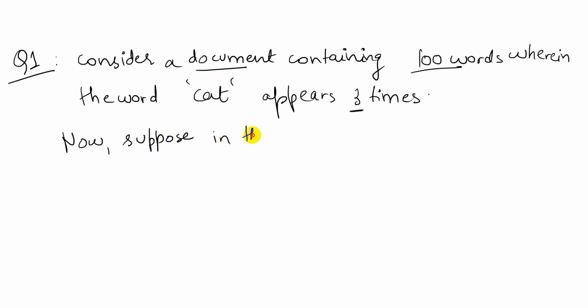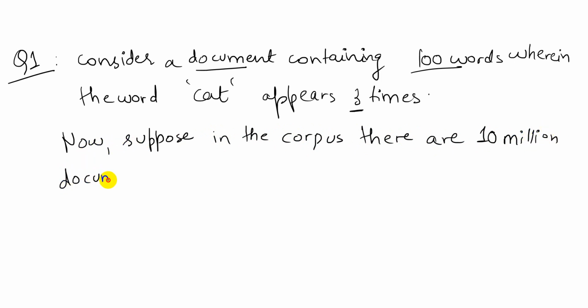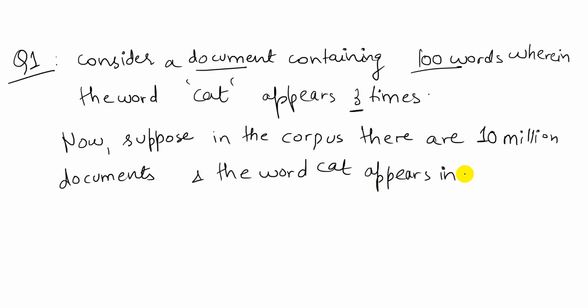in the corpus there are 10 million documents and the word cat appears in 1,000 of these documents.